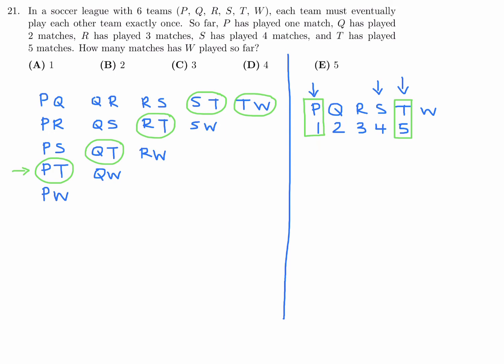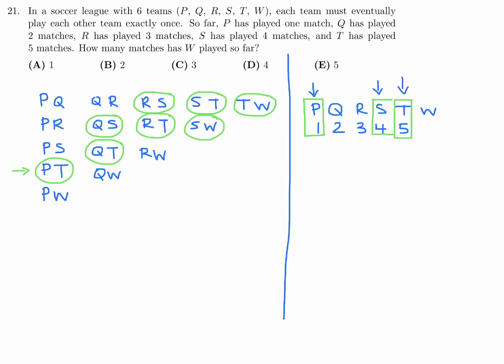So the game PS I cannot circle. See what I mean? So that tells me that S against P, this one I cannot circle, because that would mean that P would have to have played 2 games and P only played 1 game. So I can circle all the other ones. So S against T, which is already circled, S against R, S against Q, and there should be one more, S against W. There you go.